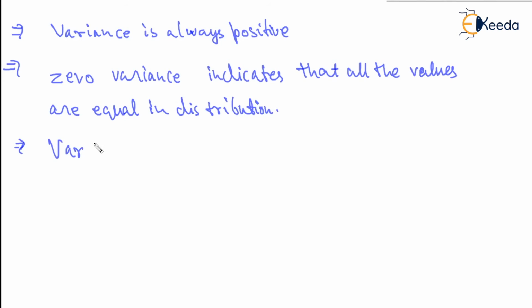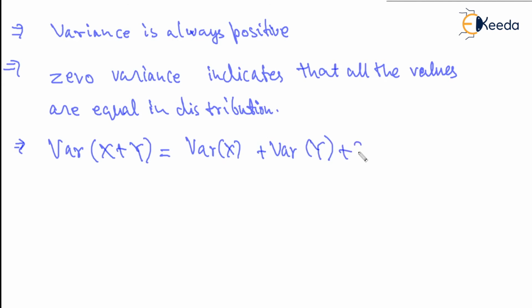Variance of x plus y does not behave like the expected value. So this is variance of x plus variance of y plus 2 covariance of x comma y.